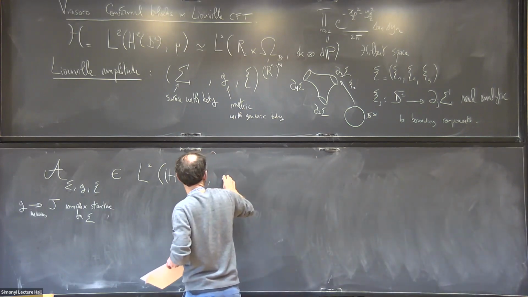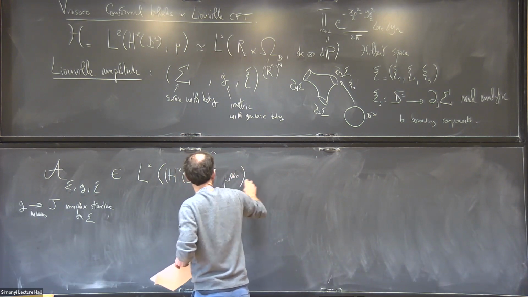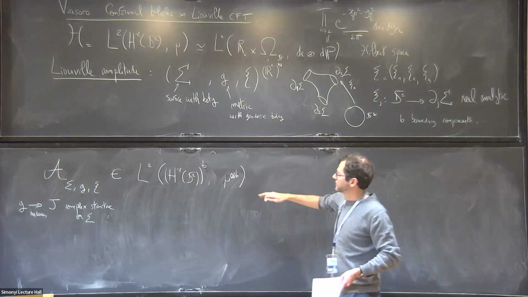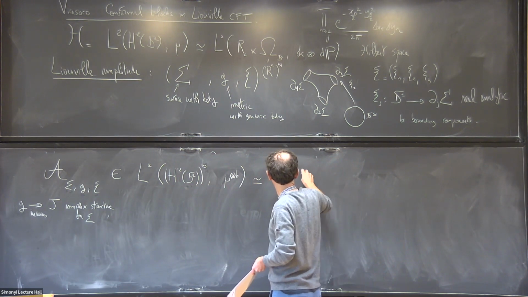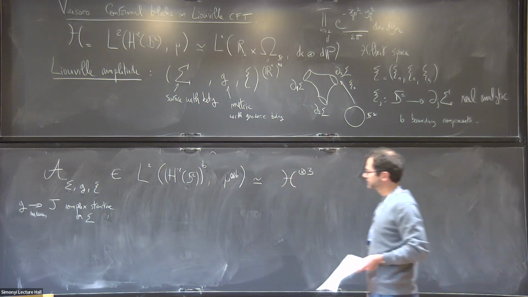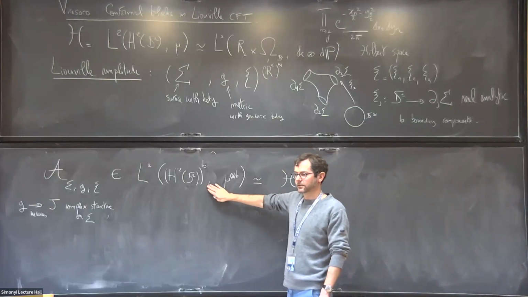And the measure is just the product measure of mu. So it's going to be an element in this Hilbert space tensor 3. Okay. So for each surface, we will associate this.